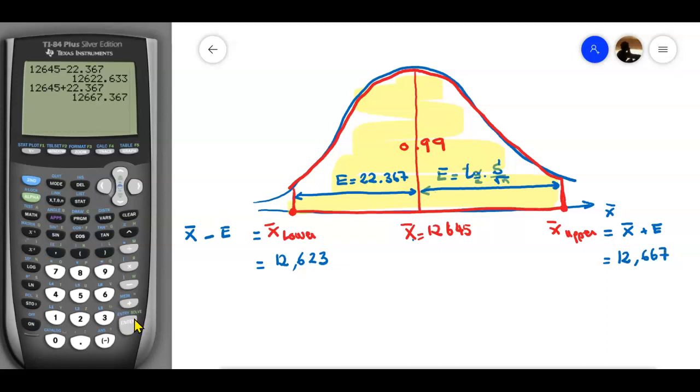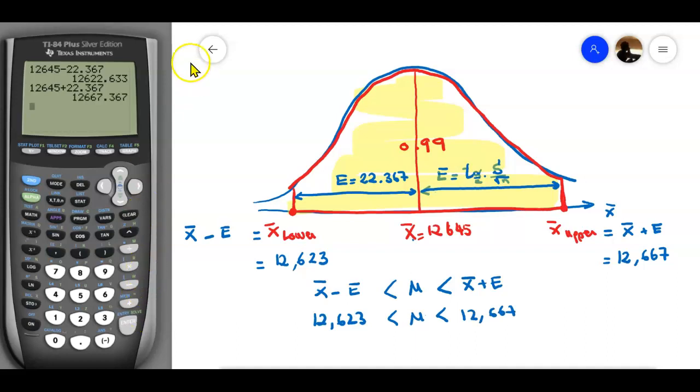So what is the mean? An estimation of the mean is going to be in between. The formula is between X bar minus E and X bar plus E. So finally, the 99% confidence interval is going to be between 12,623 and 12,667.